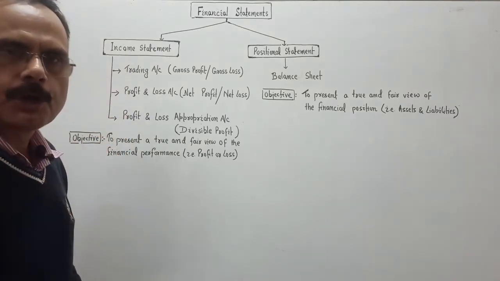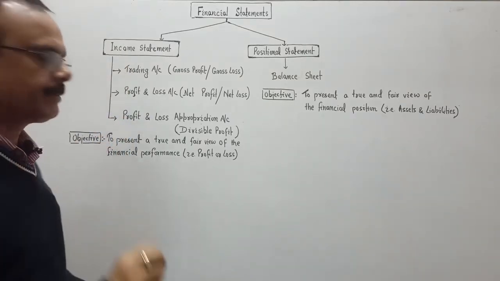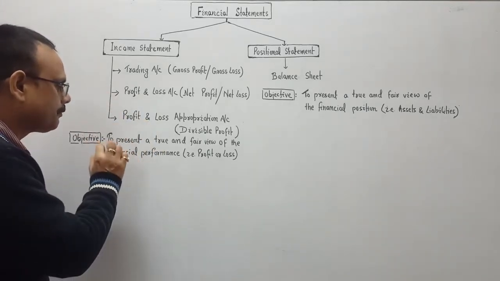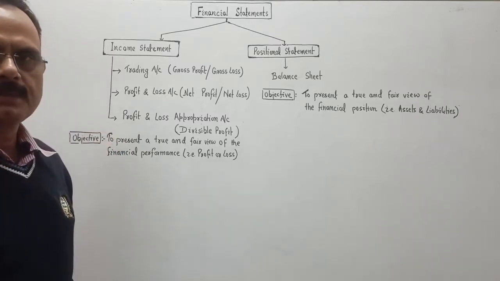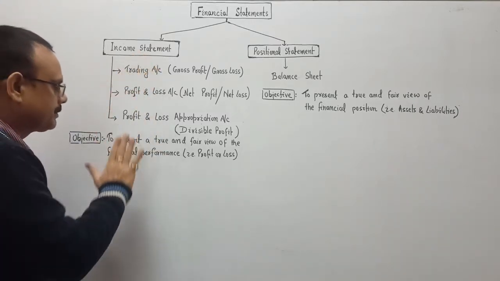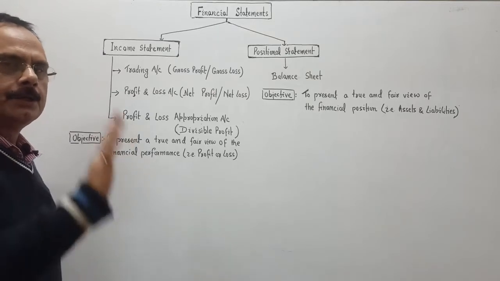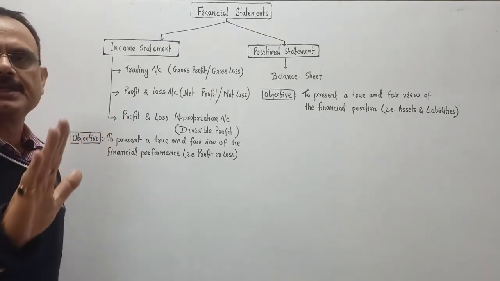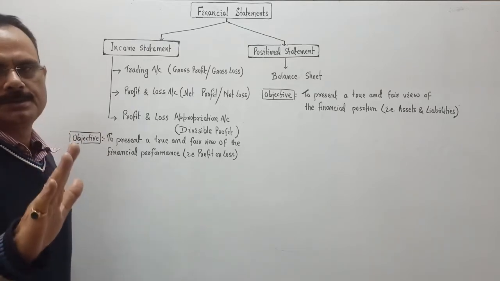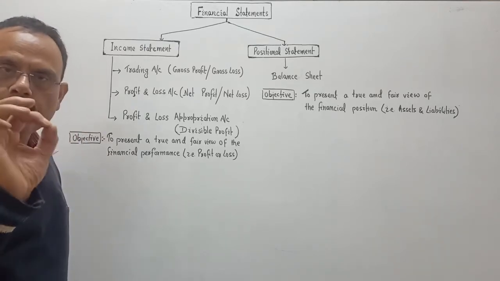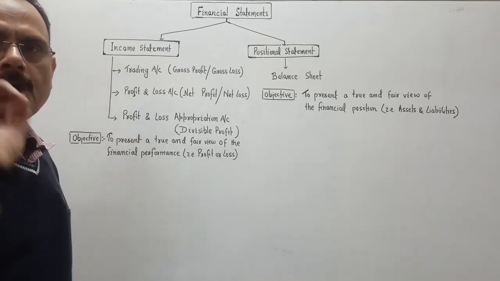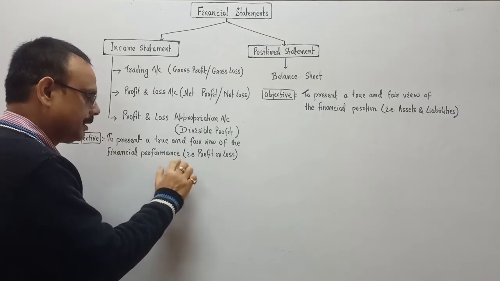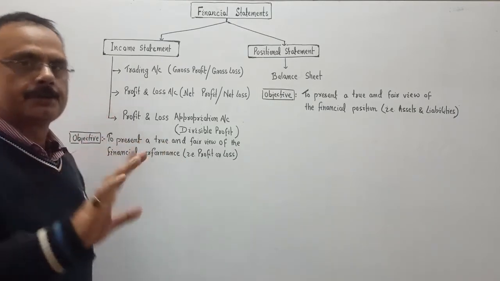If you want to know the objective of income statement, it is to present a true and fair view of financial performance. The objective of income statement is very clear. We want to know the true and fair view of financial performance, performance in terms of profit and loss.